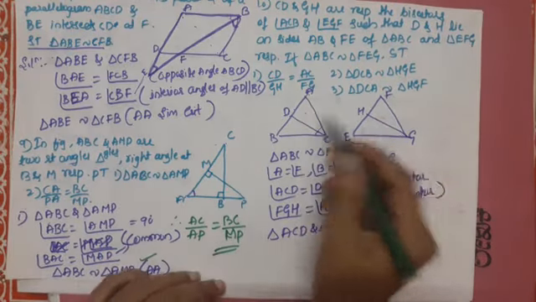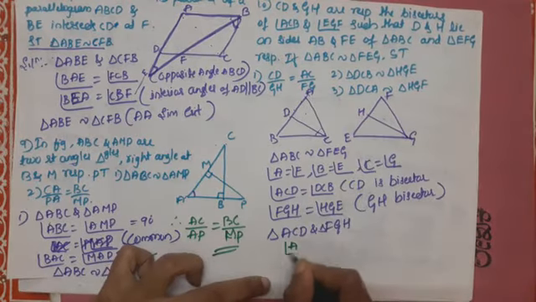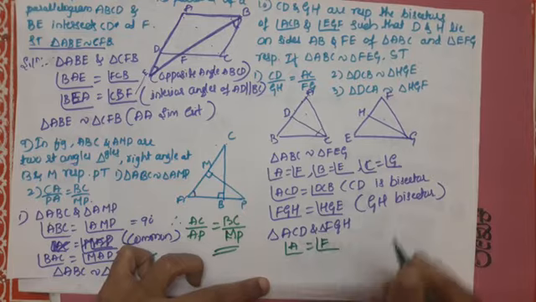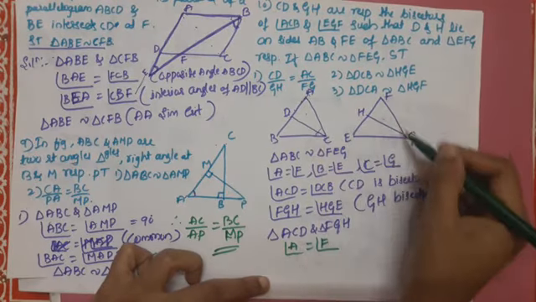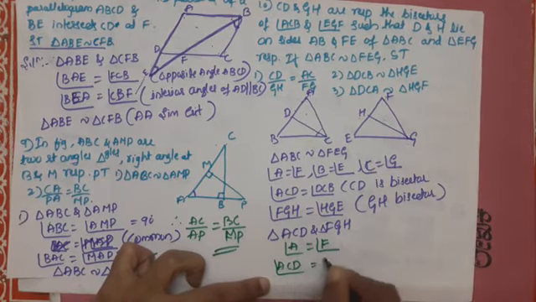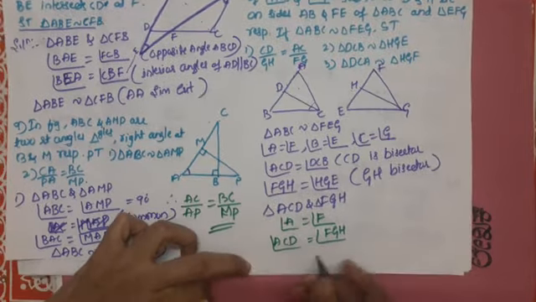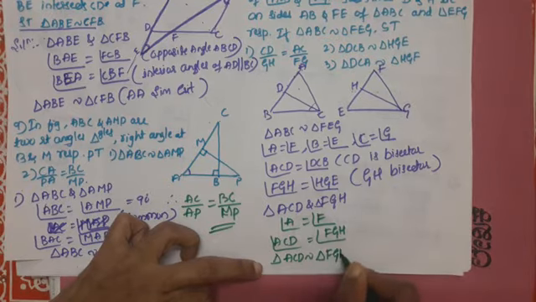In these two triangles we have angle A equals angle F and angle ACD equals angle FGH. Now these two are similar: triangle ACD is similar to triangle FGH by the AA similarity criterion.